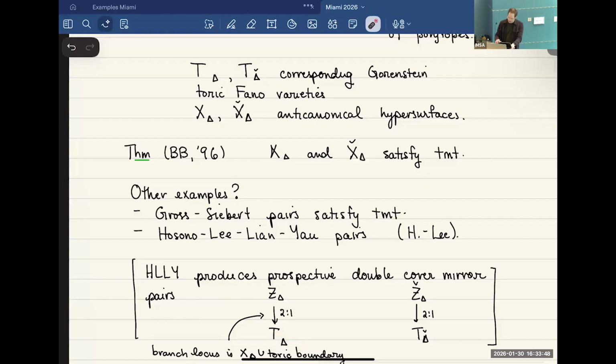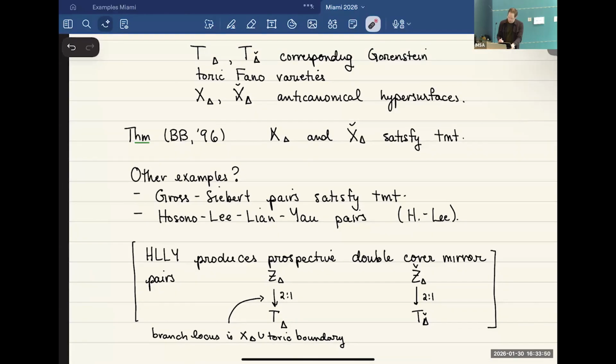This double cover is branched along the anti-canonical hypersurface X delta that I mentioned above. These are smooth or quasi-smooth anti-canonical hypersurfaces. So it's branched along X delta along with the toric boundary. The idea of Hosono, Lee, Lian, and Yao is that these two double covers are mirror in some sense.